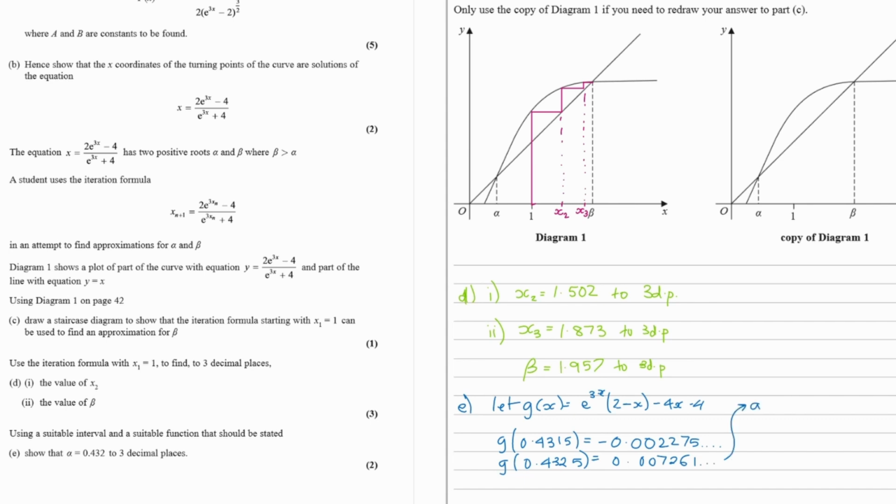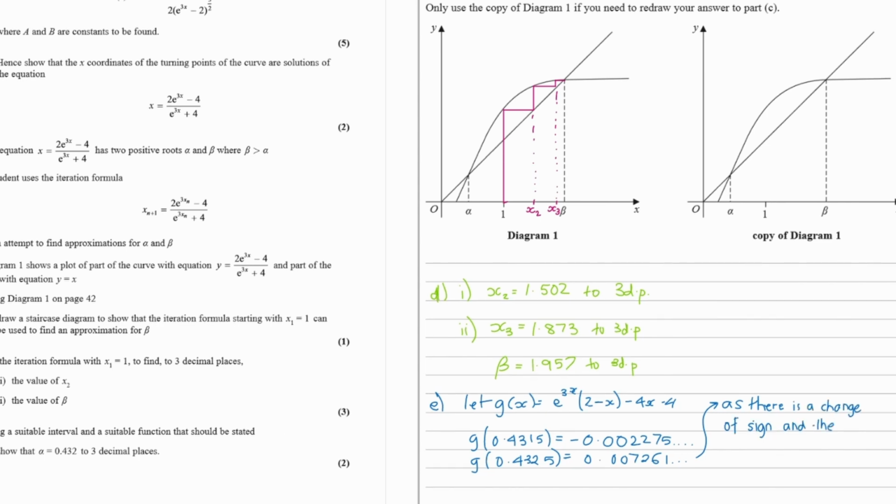After this, what we can say is that as there is a change of sign and the curve is continuous between 0.4315 and 0.4325, that means alpha is equal to 0.432.